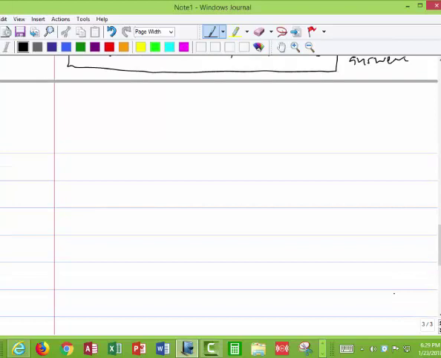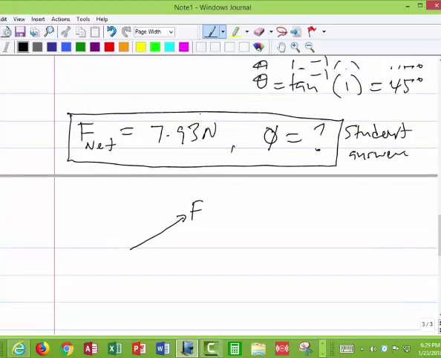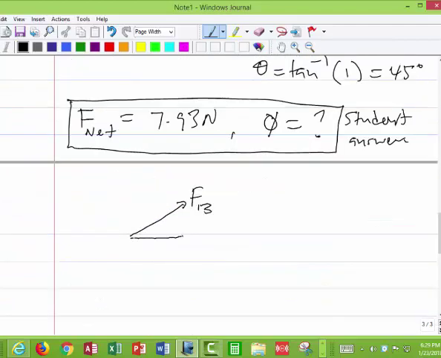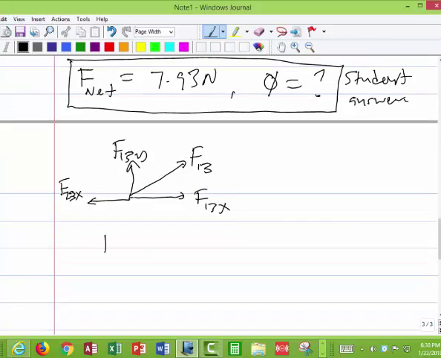Okay, so at least where I want you to be is you have this F13, and you have this component F13x, F13y, and then you have F23 here, and this is just F23x. Okay, so your net force on the charge 3, net force on 3 is equal to the force of 1 on 3 plus the force of 2 on 3.